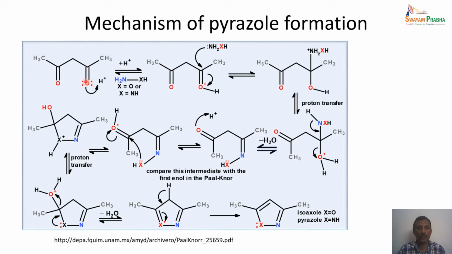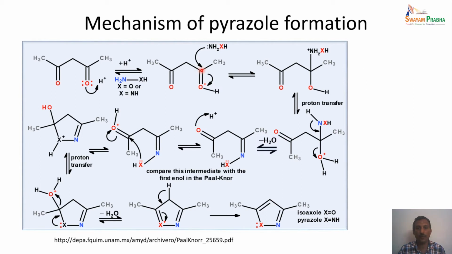This carbonyl oxygen is more electron rich, so it abstracts the proton, and this oxonium ion is formed as shown here, and the nitrogen has a lone pair of electrons. Because oxygen is more electronegative, it will pull the electrons towards itself, making this carbon highly electrophilic.